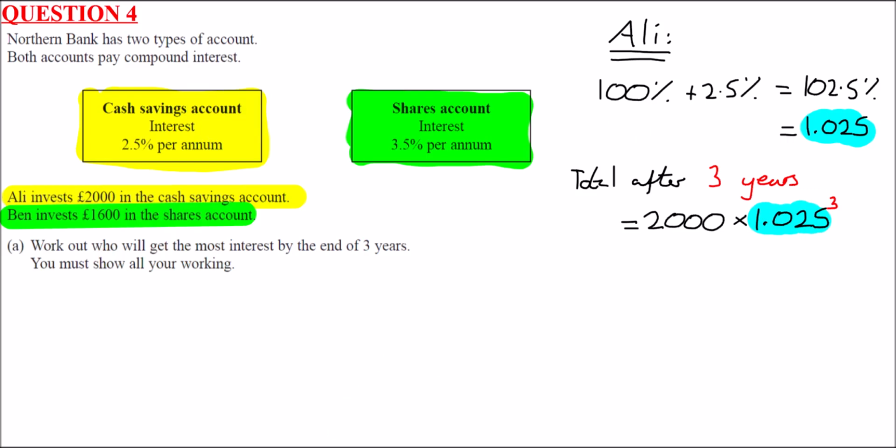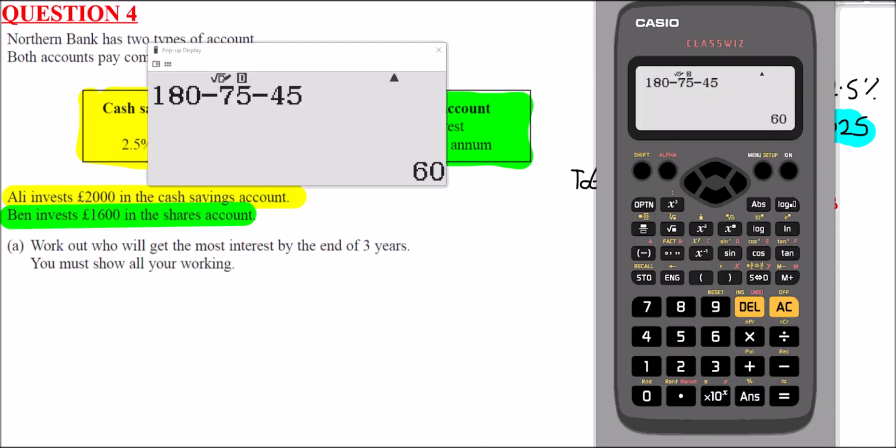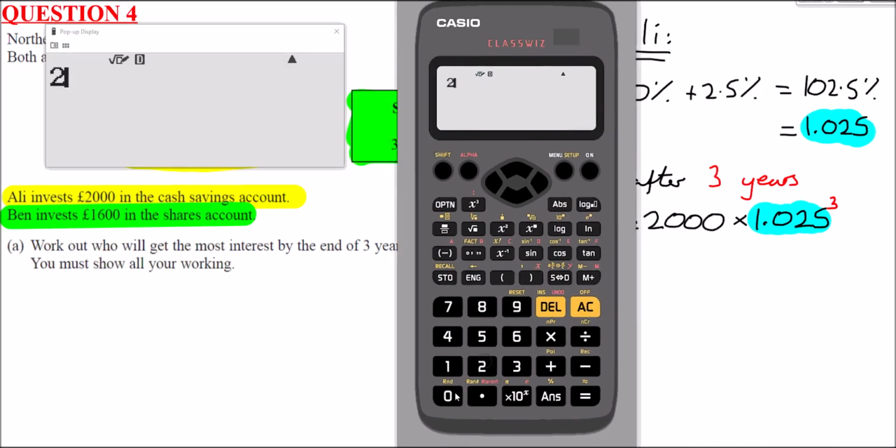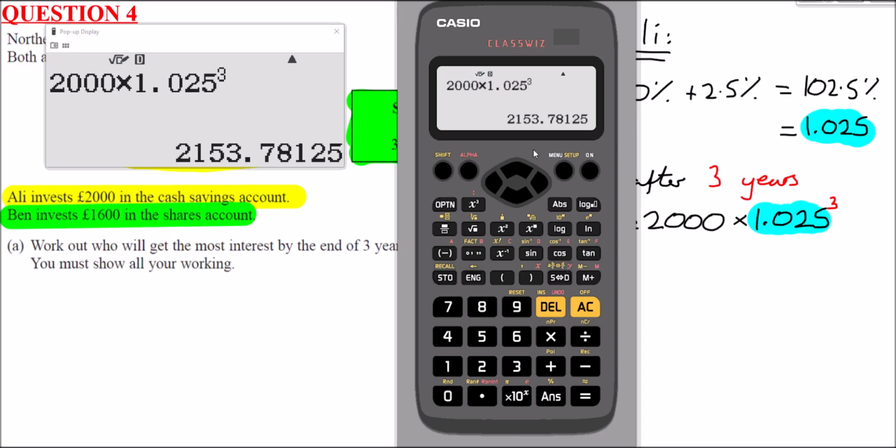So that's what this gives us. So calculators to hand. So 2,000 multiplied by 1.025 cubed. We can round this to the nearest penny, so 2153.78.